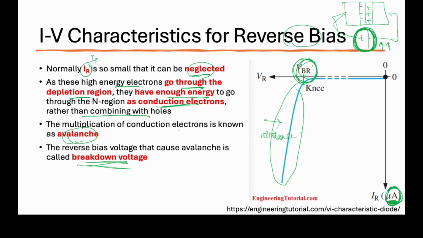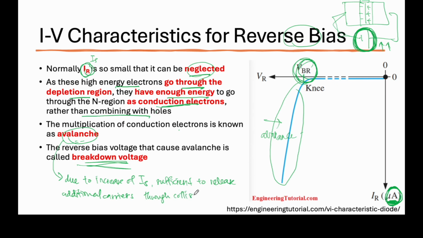The avalanche happens because of the increase of IS that we have learned before, which is the saturation current, sufficient to release additional carriers through collision.